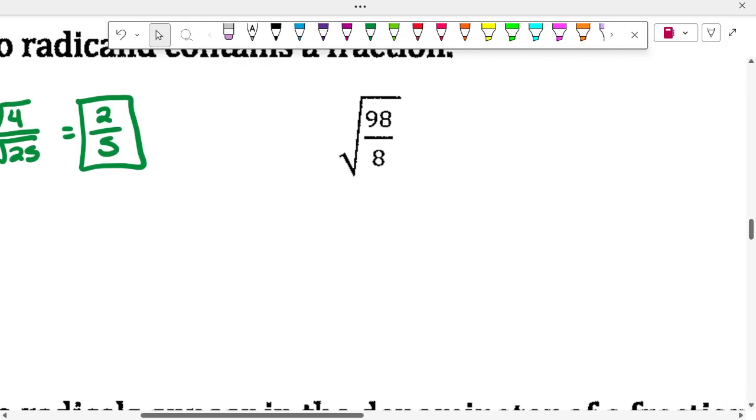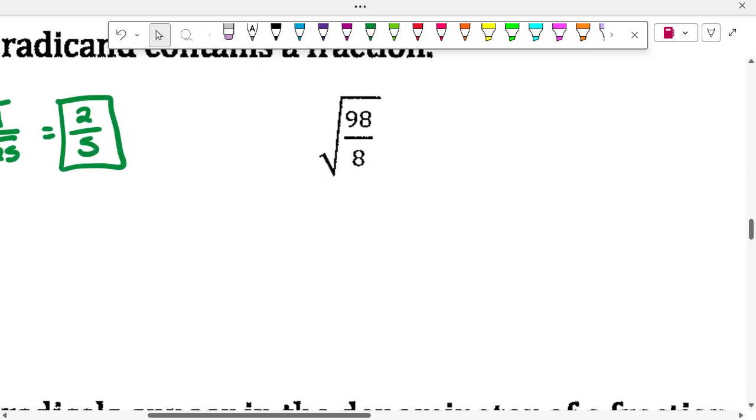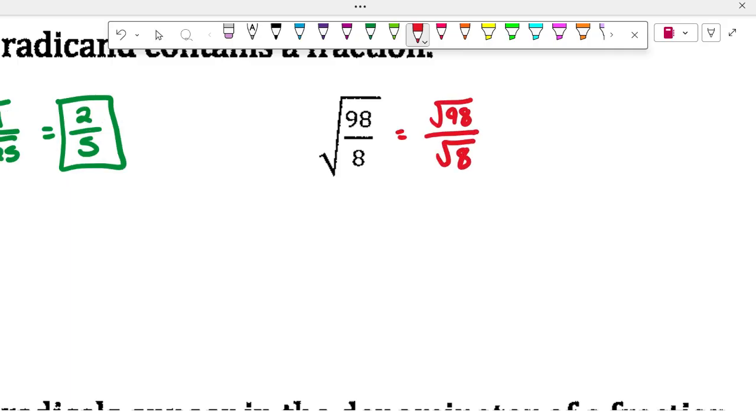Now, the next one you can do in two different ways. The first way is like I just told you: separate it into two fractions, and then simplify them.